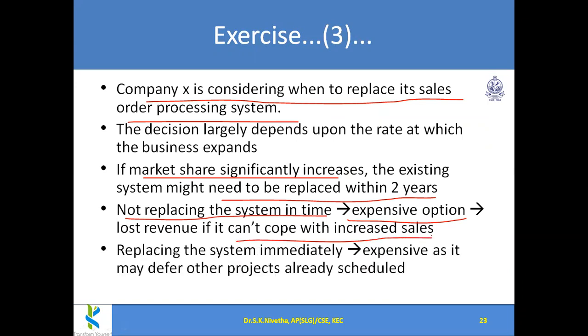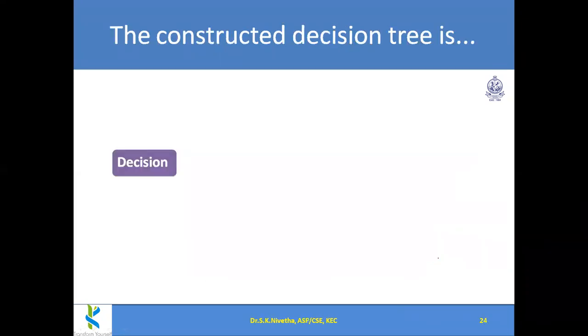So replacing the system immediately means they have to spend money. It is an expensive operation, and if the market is not expanding, that will be a problem for them. So these are all the considerations. In that case, how do they take the decision? Quantitatively, they have to measure it and decide. So how are they taking the decision?